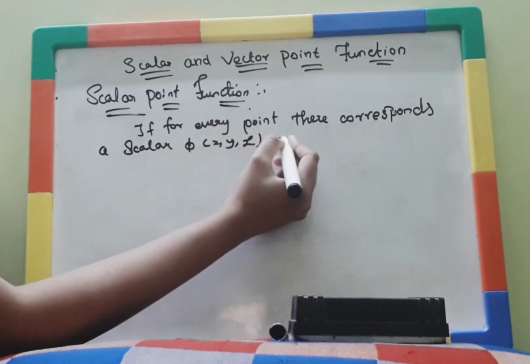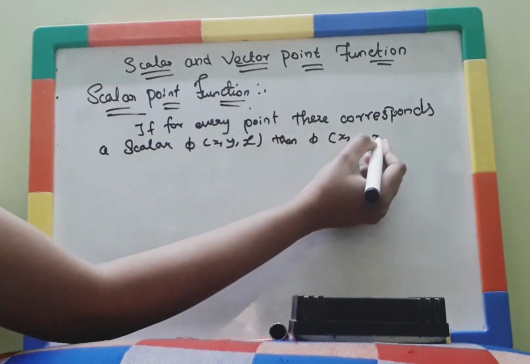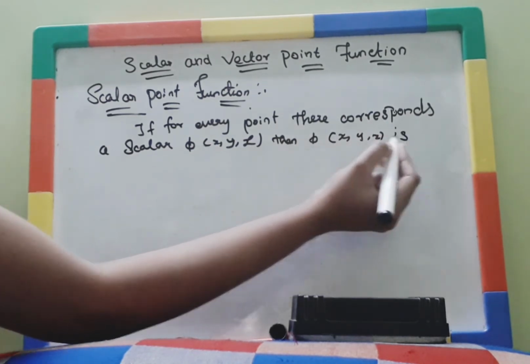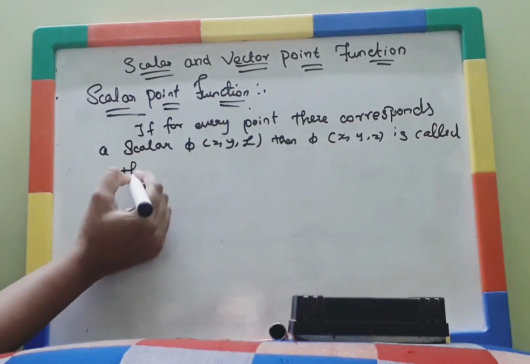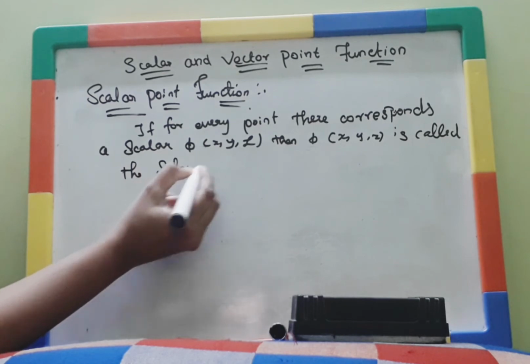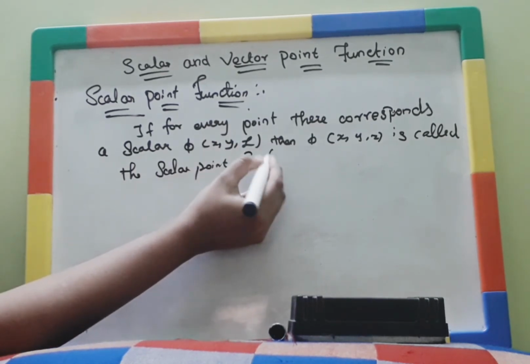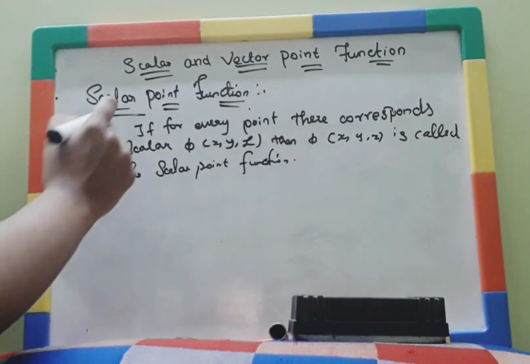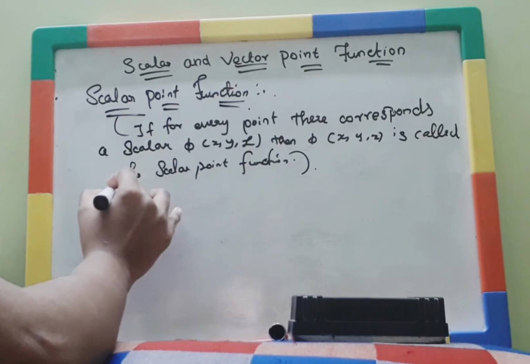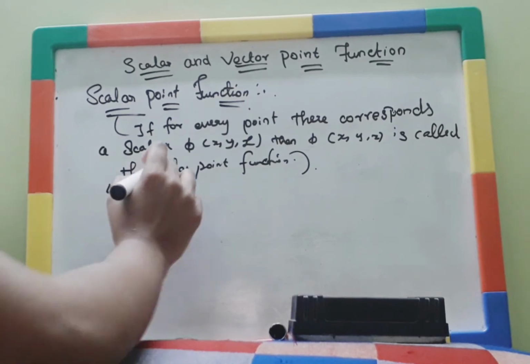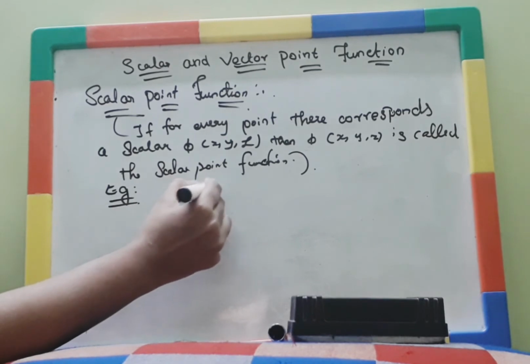If every given point corresponds to a scalar, then that is called a scalar point function. The points are considered as x, y, z. Now this is the definition for scalar point function.